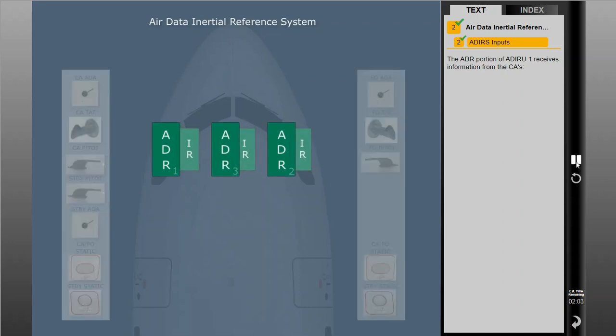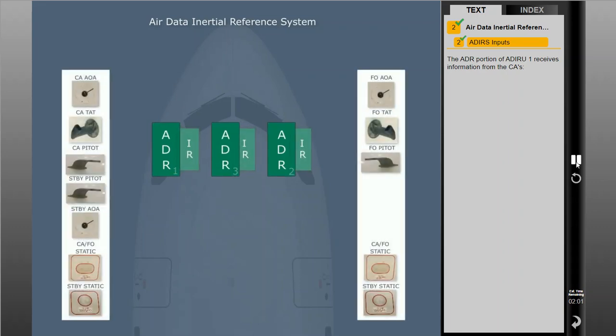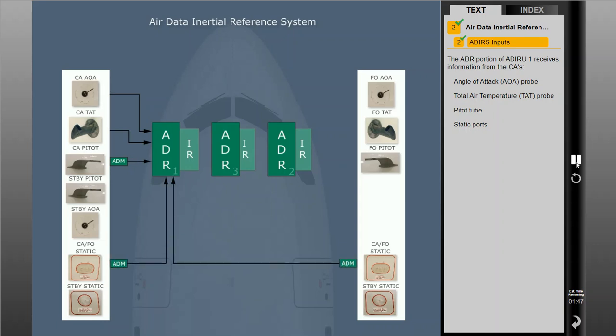The ADR portion of ADIRU-1 receives information from the captain's angle of attack, or AOA probe, total air temperature, TAT probe, pitot tube, and static ports.